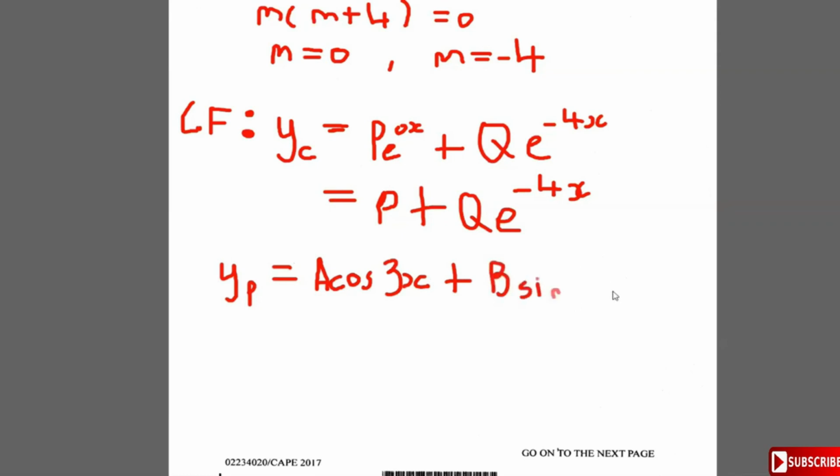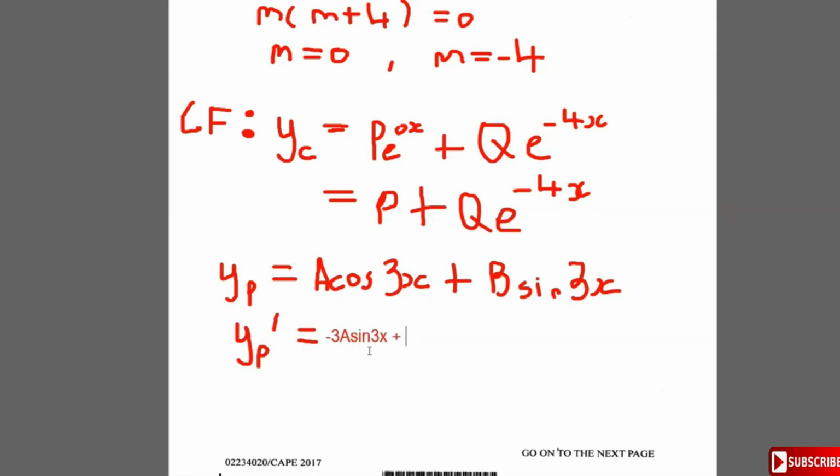So now what we need to do is find yp prime. Let's go ahead and find yp prime. When we differentiate cos, we get minus sine, so that becomes minus 3a sine 3x.